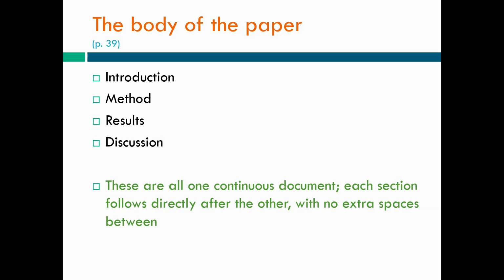If the introduction ended halfway through a page, you would continue the method section on that page. So just make sure you have that clear, the introduction through the discussion is one continuous document. All right.